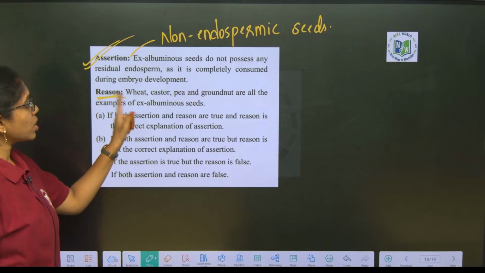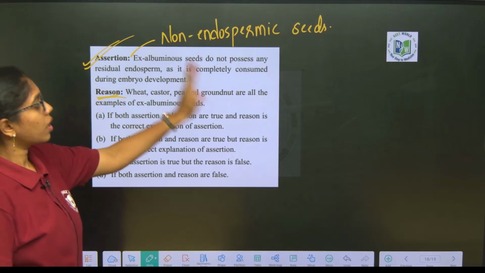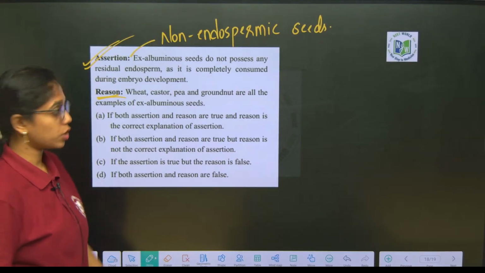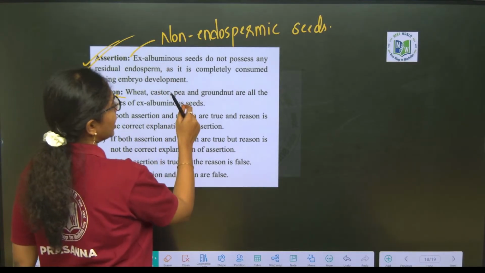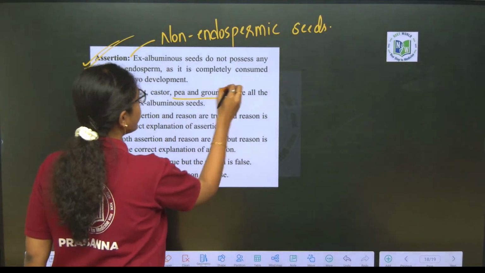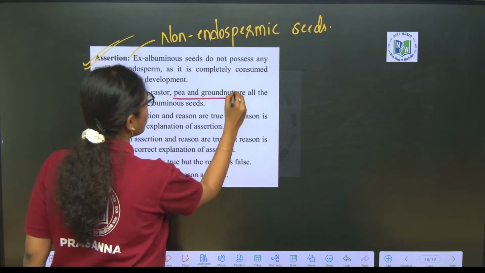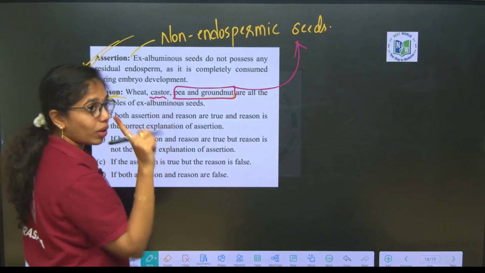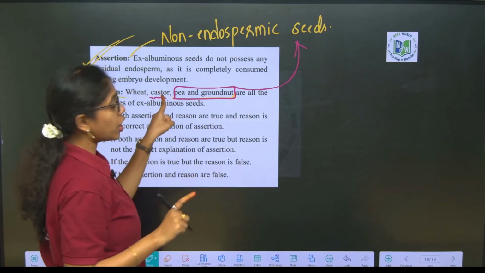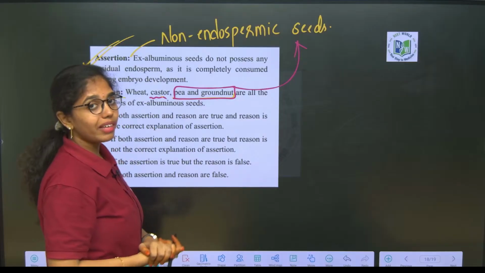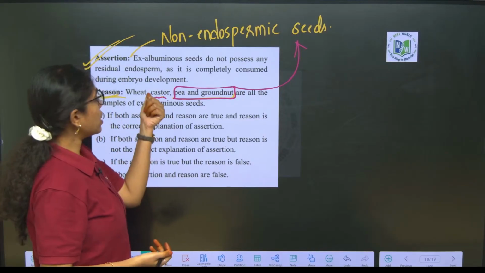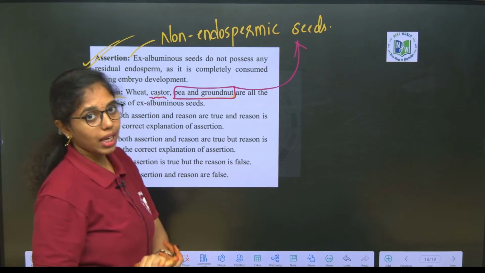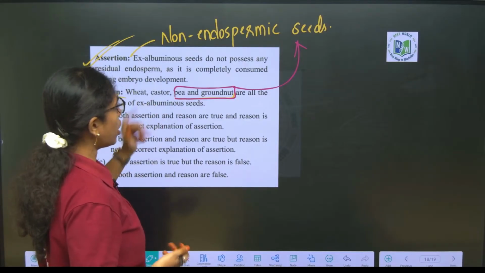In reason, if you see, wheat, castor, pea, groundnut are all ex-albuminous seeds. Wrong. Amongst these, only pea and groundnut are ex-albuminous seeds. Castor, which is a dicotyledonous seed, has endosperm. From that endosperm we extract castor oil, and this castor seed diagram is also given in your NCERT.